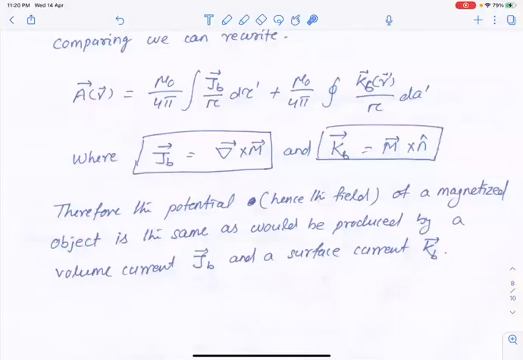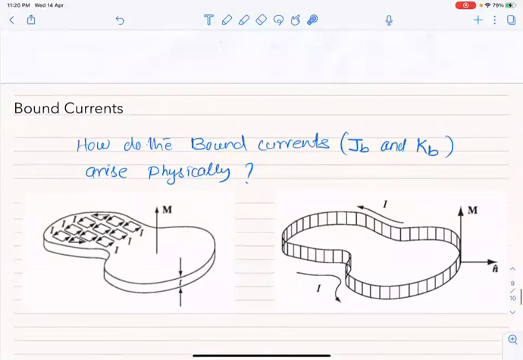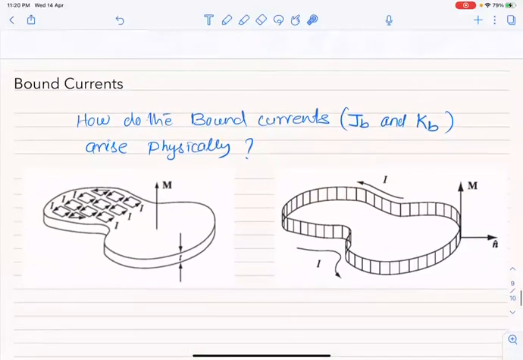But what are these bound currents? So in order to understand that, let us analyze the material. Take a slab of this magnetized material with thickness T. Now, as I have already told you, this material consists of many such tiny current loops, right?